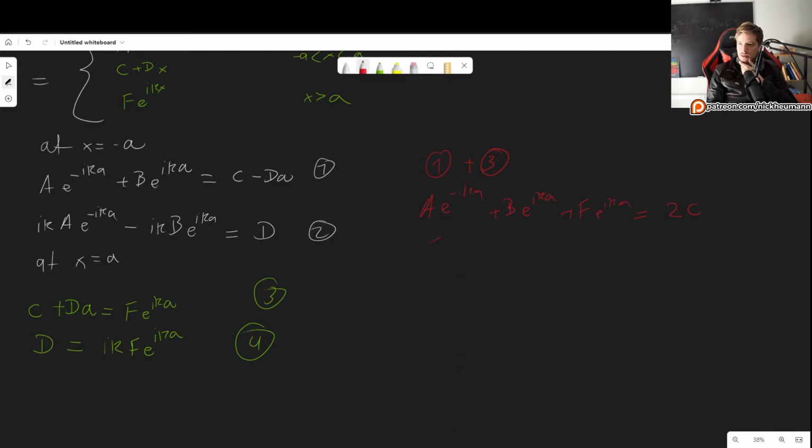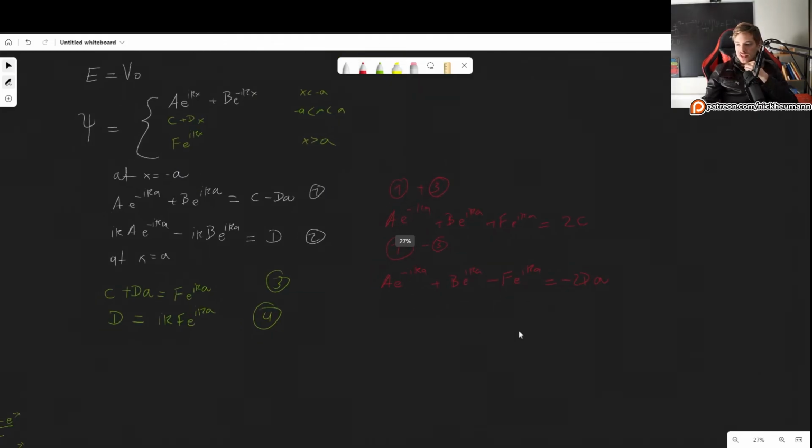And now if we take maybe 1 minus 3, we get the same thing on the left side: a e to the minus ika plus b e to the ika, and now minus f e to the ika. And this is equal to now not 2c, but rather, let's see, minus 2dA.